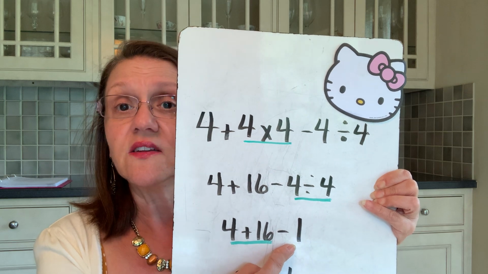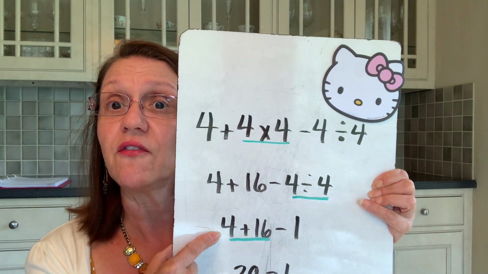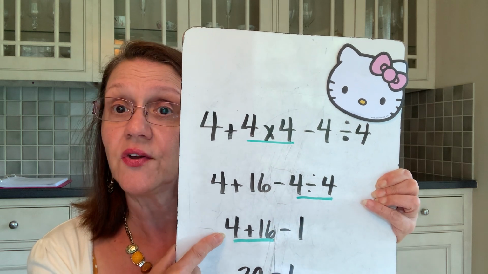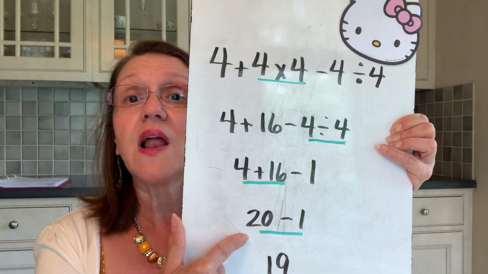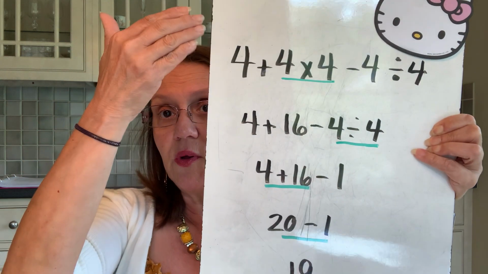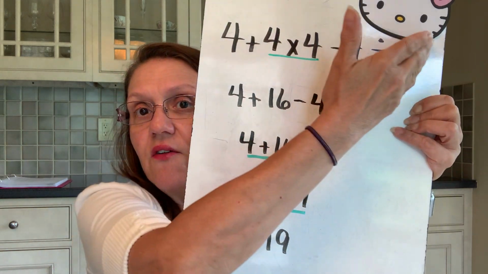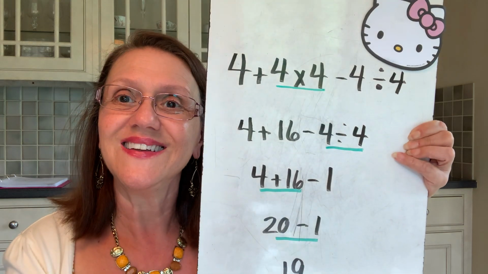Then I look for my next operation, which will be addition, because it comes first, working left to right. I underline it. Then I do it. Finally, my last one gives me my final answer. Now, look at the beautiful shape of this question. It forms the V. Isn't that amazing?